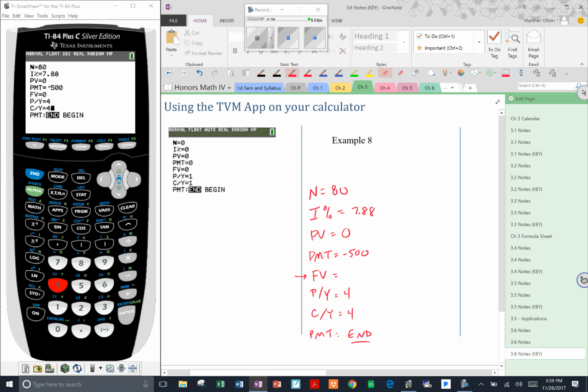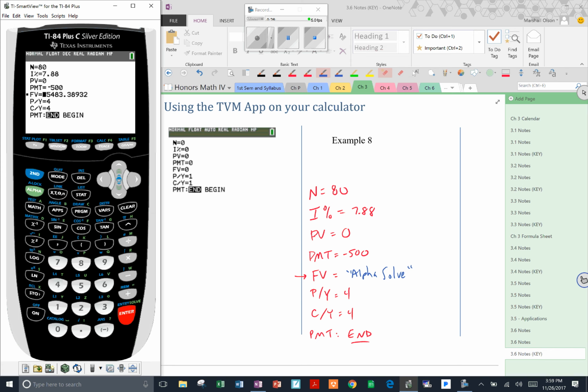Okay, now you want to go back up to FV for future value, and you're going to type in alpha solve like this. So you go back up there and highlight that 0 that's right there, and you type alpha, and then you hit enter for solve. Alpha enter. And there it gives you the answer, 95,483.